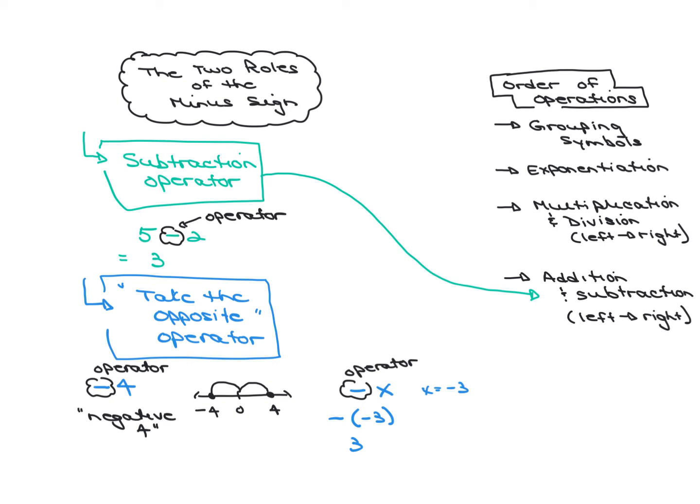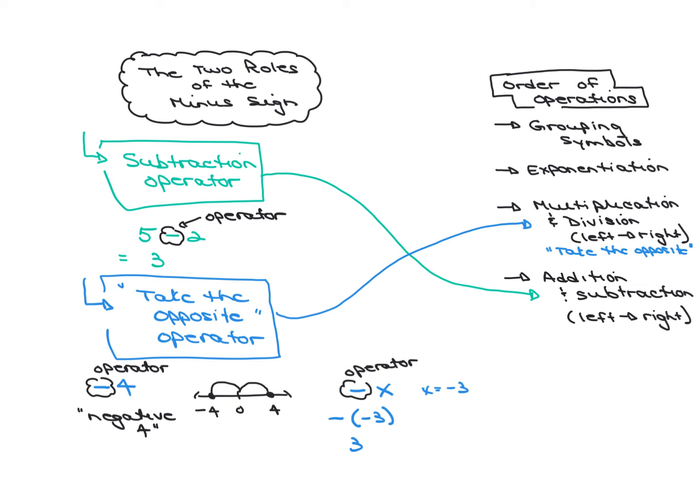And with that, we're always going left to right if there's more than one operation there, addition and subtraction. Now the take the opposite operator, very interestingly, lives at the same level as multiplication and division. So up here we'd also have take the opposite. Some people think of taking the opposite as multiplying by -1, so it lives up there with multiplication.